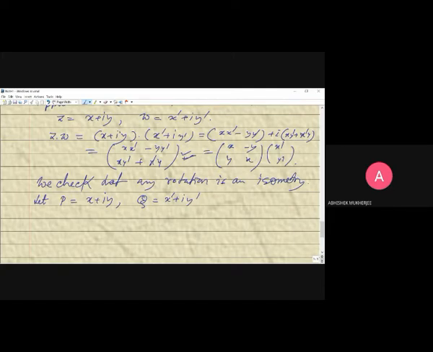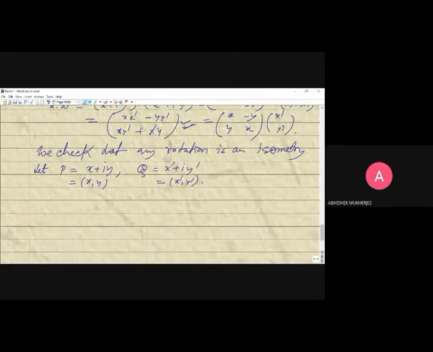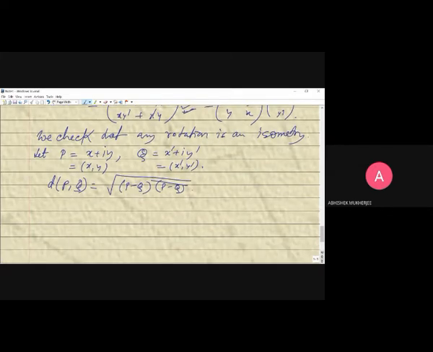That means it is the point (x, y) and it is the point (x dash, y dash). So then I have already written down that the distance between P and Q is actually the square root of (P minus Q) times (P minus Q) conjugate, right?